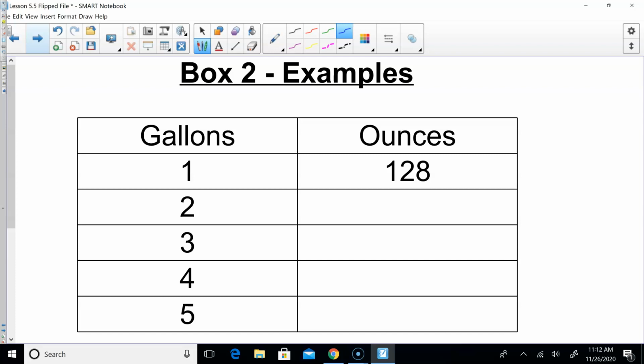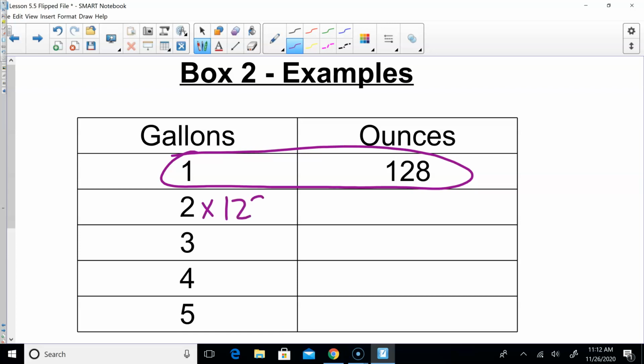Here's another one, gallons and ounces. It's nice because they put the relationship right here for us, which makes it really nice. That means for every one, we have 128 ounces. So now I'm going to times 2 by 128 and get 256. 3 times 128, which would give us 4.